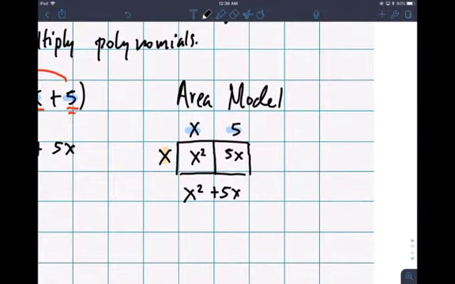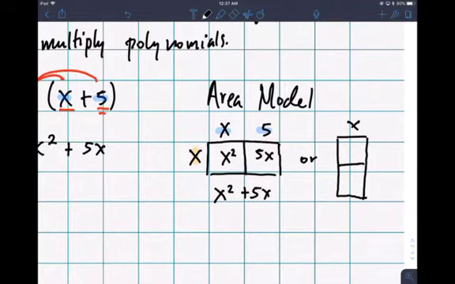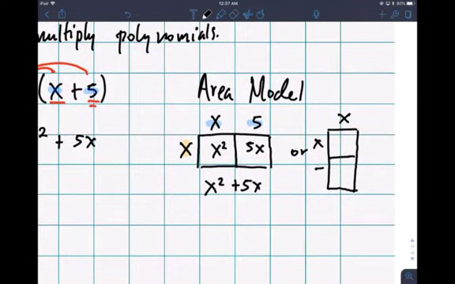Just to again emphasize, what happens if I have drawn my rectangle like this? Notice that I would have to write it differently. So on top I will only have x, and on the left I would have x plus 5.